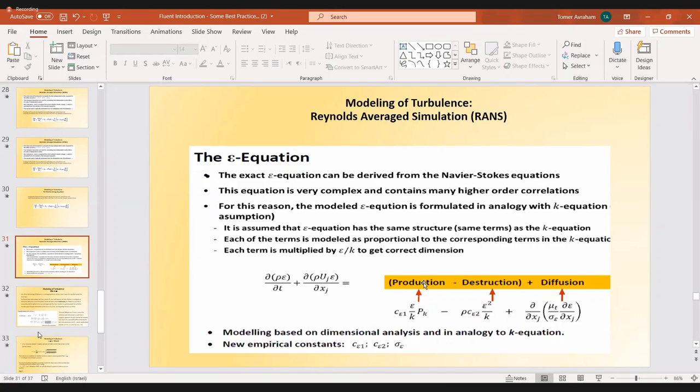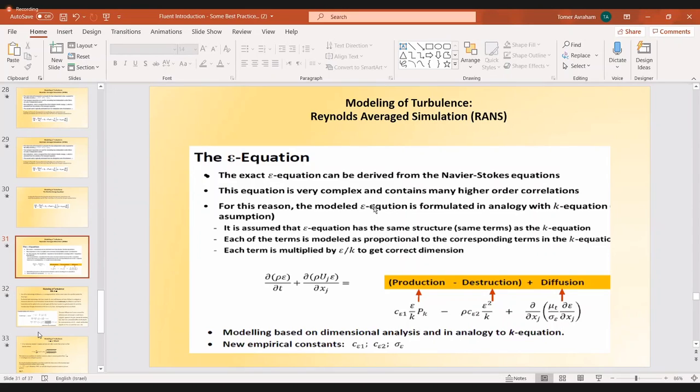Or we use what's called the low Reynolds model, which in the past was still based on the Van Driest damping functions. And the problem with them is that they're nonlinear and stiff. So it's not an ideal model.